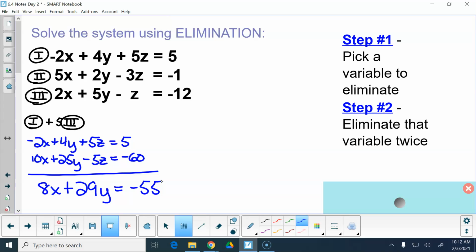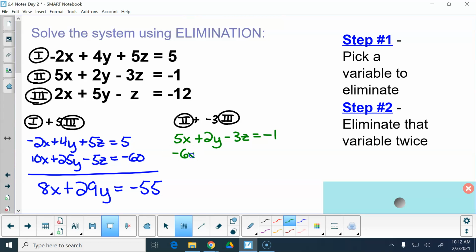Okay. So that's once. Then I would probably go my second equation and negative 3 times my third equation. So my second equation was 5x plus 2y minus 3z equals negative 1.